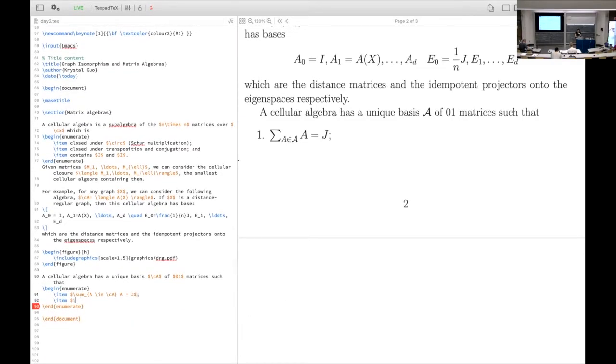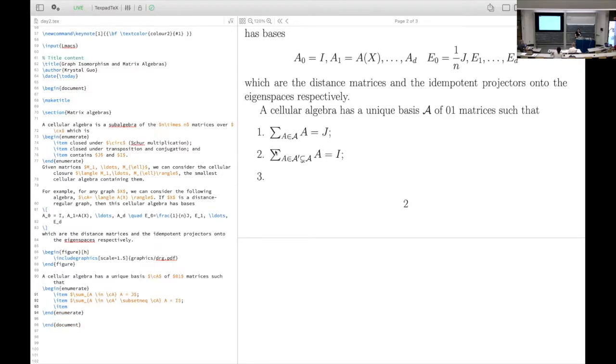Then the other thing is that there must be a subset of them, A prime, a proper subset of the script set A, such that when I sum over these, I get the identity.